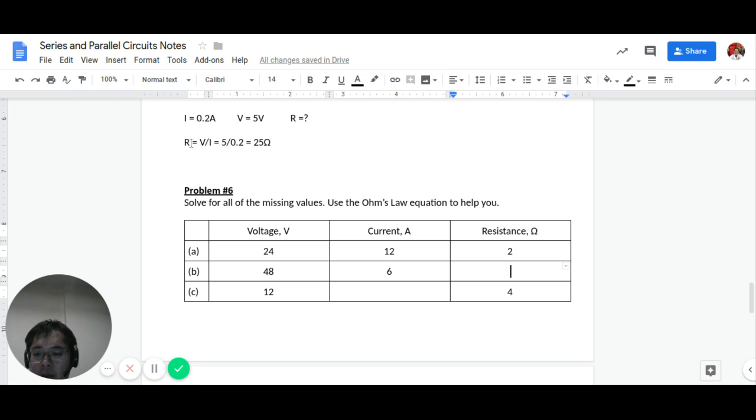And if you look at this, that's what we have done. R equals V over I. So in this case here, 48 divided by 6 will give you 8. Again, this is the same as the first part. So therefore, 12 divided by 4 will give you 3, because you're looking for the current. Once you rearrange the equation, you will get the hang of what Ohm's law is all about.